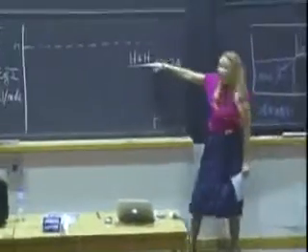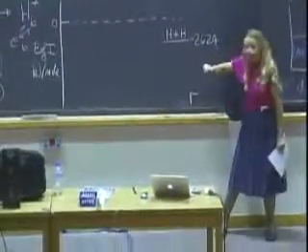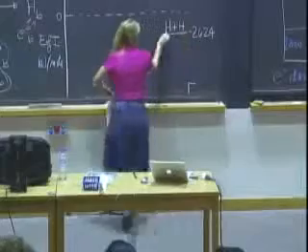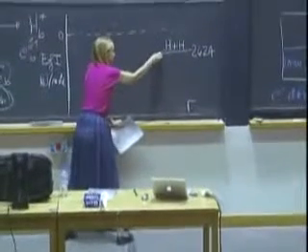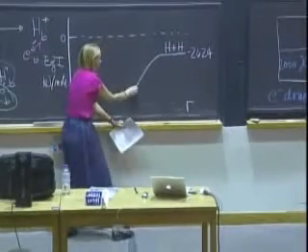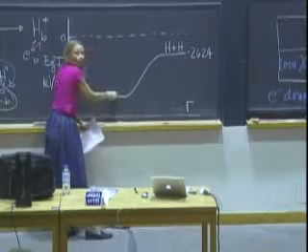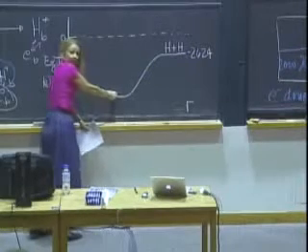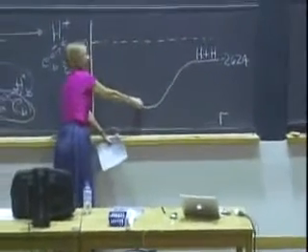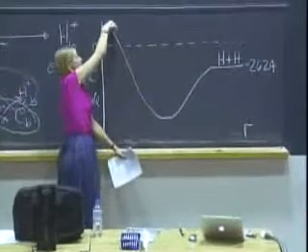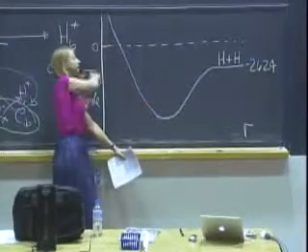Now, as I bring these two hydrogen atoms together, this energy is going to decrease, and it's going to keep decreasing until we get to some point. Then as R gets even smaller, that energy of interaction is going to skyrocket and go to infinity.